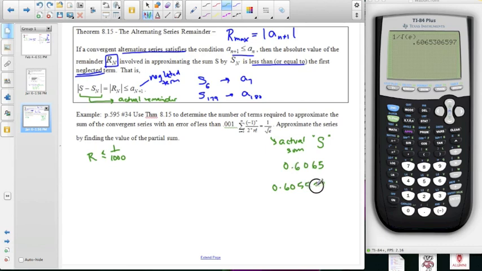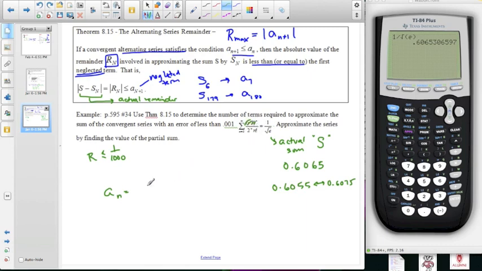We're going to be within 0.6055 to 0.6075. So here, if this is the actual value, we could be off by 1/1000th in either direction. And so what we have to do then is, this is the a sub n term. Remember, the a sub n term is without the alternator, so we ignore this.